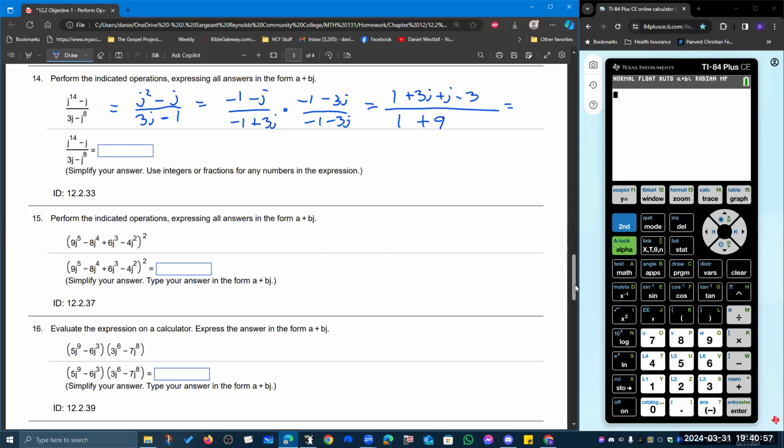So this is going to be negative 2 plus 4j over 10 is the same thing as negative 2 over 10 plus 4 over 10j. Reduce those fractions. Negative 1/5 plus 2/5 j.